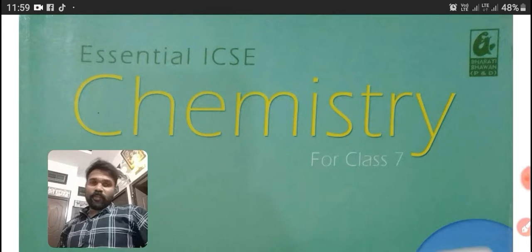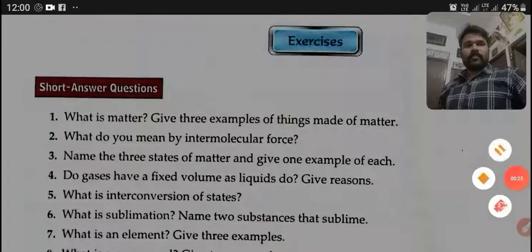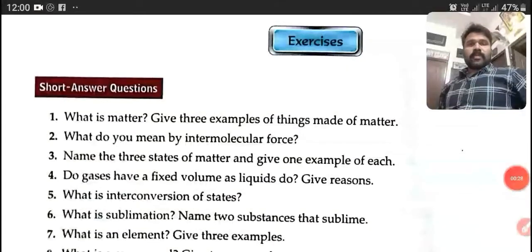Today we are going to start our section by giving yesterday's question answers from the exercise part. All of you open your page number 8. Our first question is, what is matter?